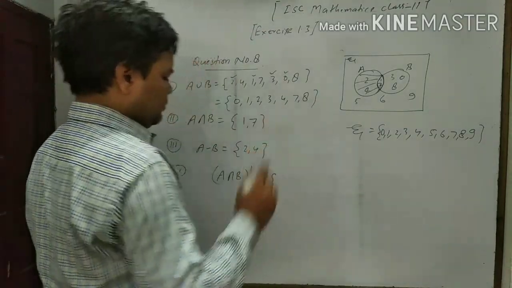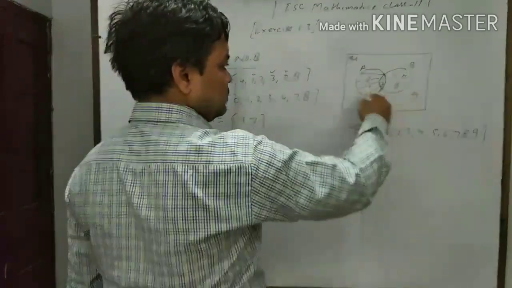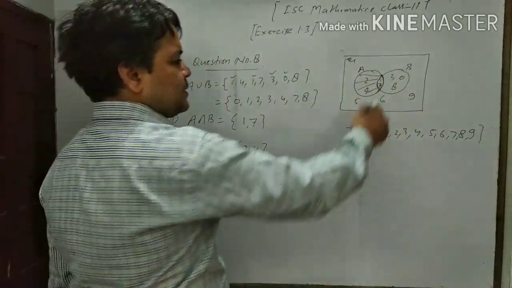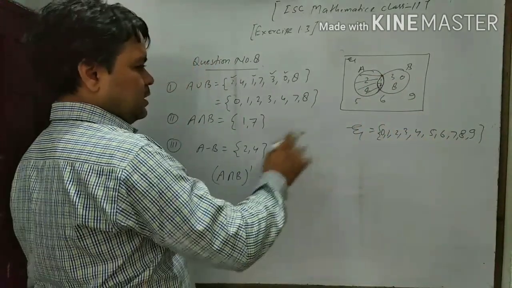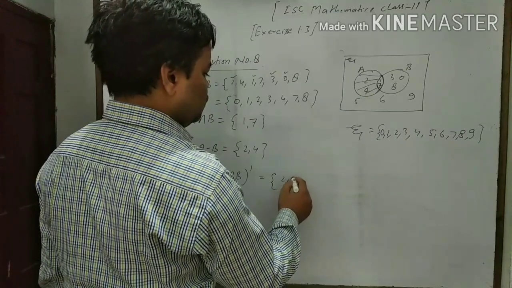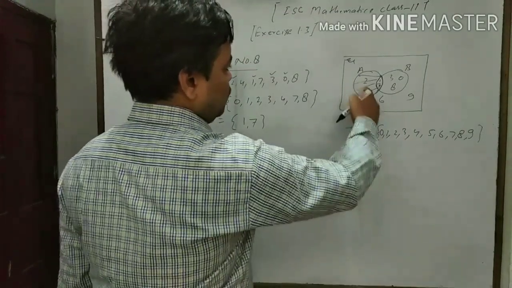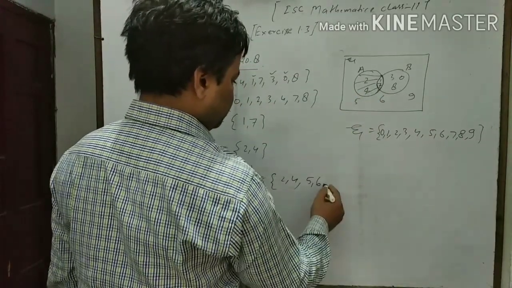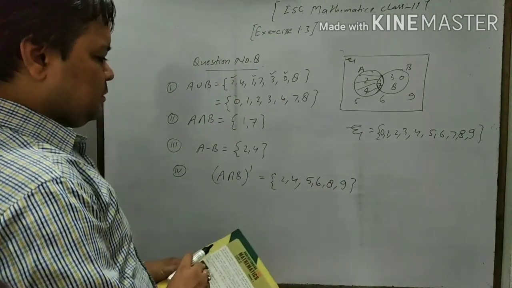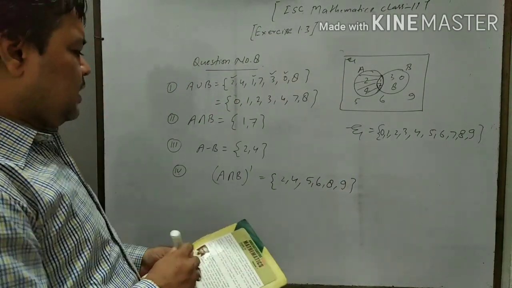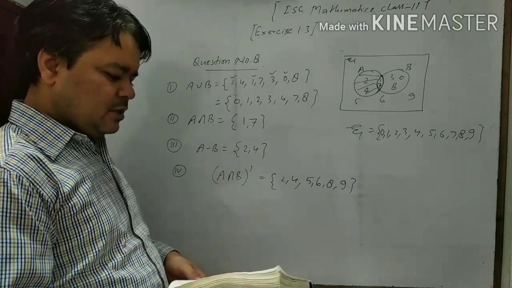Simply we leave the elements which are in between, that is 1, 7, the intersection. The part of the intersection of two sets should be left out, and write all the other elements. That will be 2, 4, 5, 6, 8, and 9. They are the elements of the complement of A intersection B.